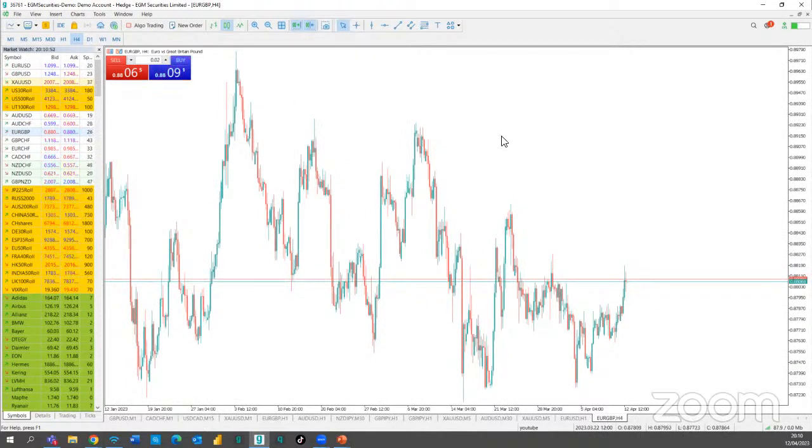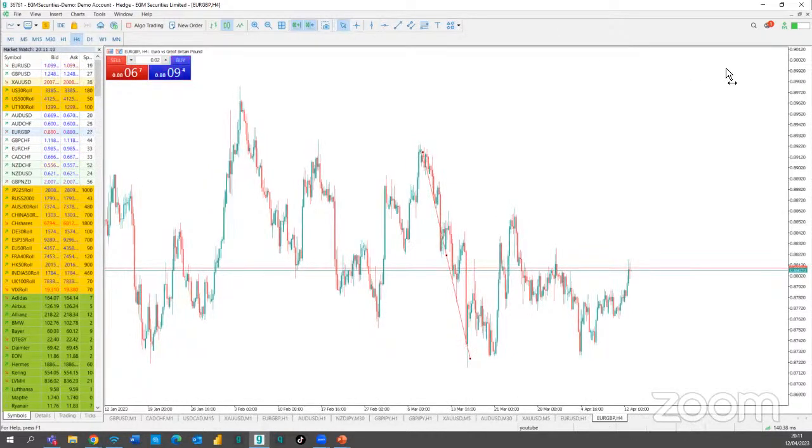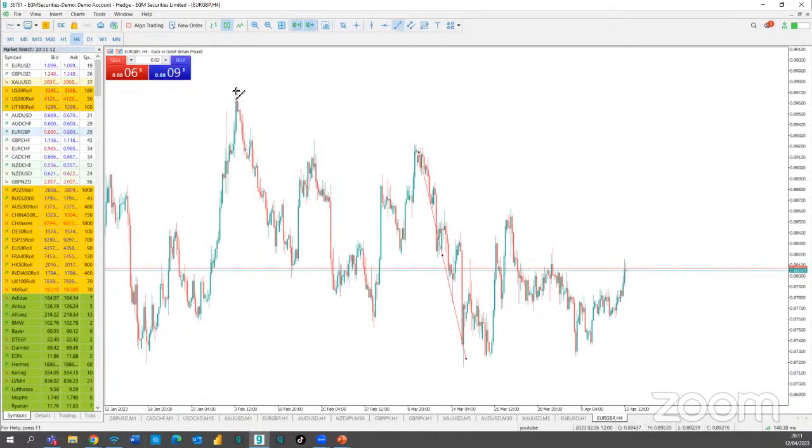So one significant move. For example, let's talk about this one here. This move here. If you consider this price pattern here, you see we have a downward trend. We have this top, that top, and let's use market structure, right?